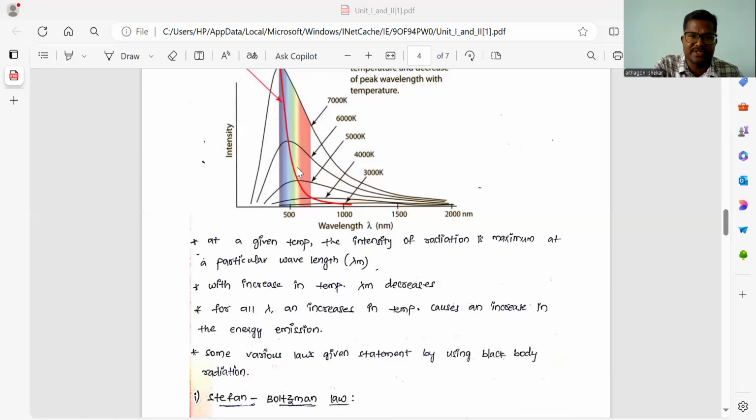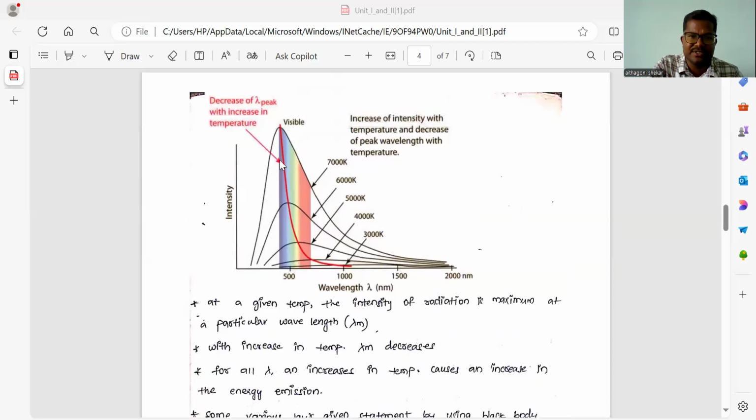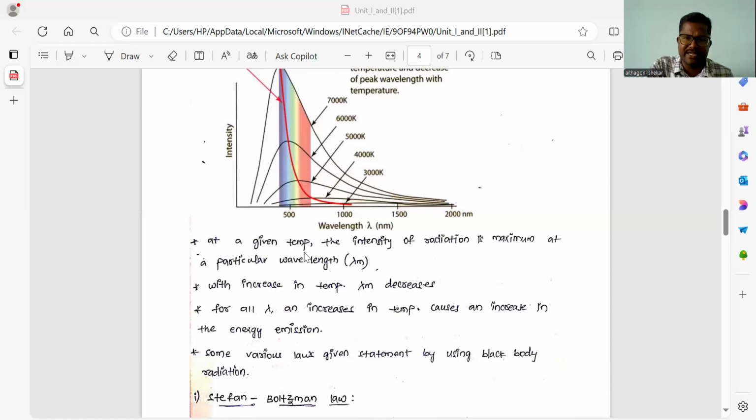See in the graph like this picture: the peak wavelength decreases from point to point. So the second point is that for a given temperature, the intensity of the radiation is maximum at a particular wavelength, and as temperature increases, lambda m decreases.